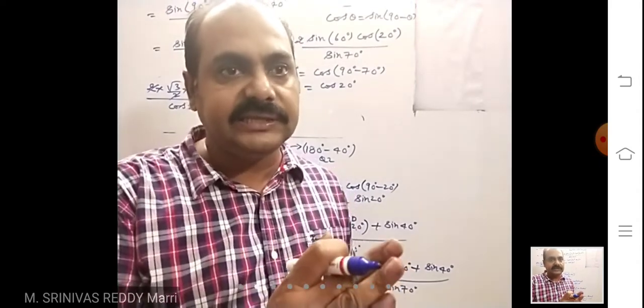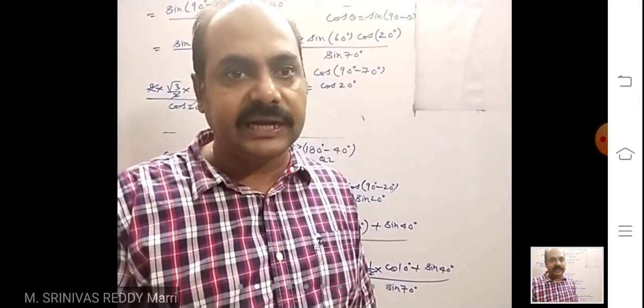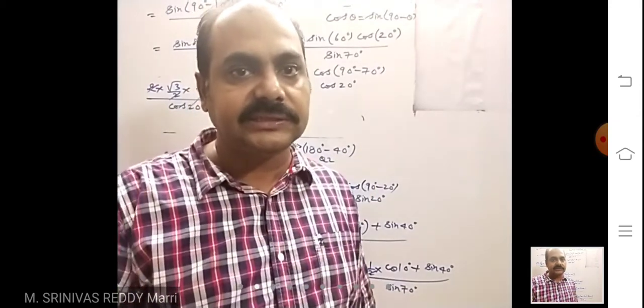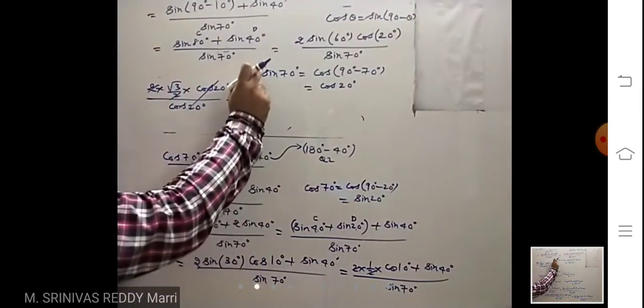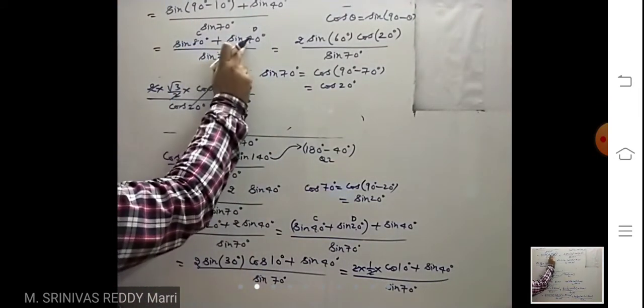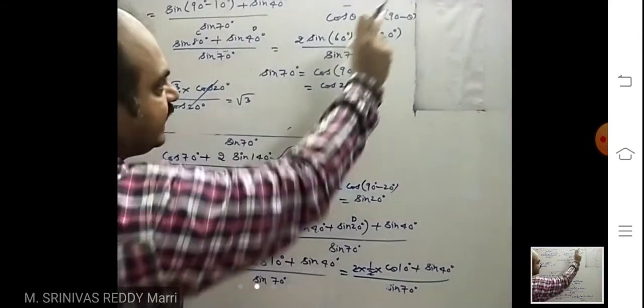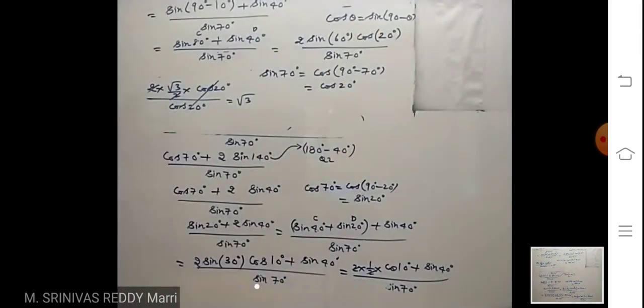If cos theta is there, if you want to convert into sine theta, cos theta is nothing but sine of 90 minus theta. Like that, ensure both same trigonometric ratios and then write the formula. Like that, sum or product rules can be applied.